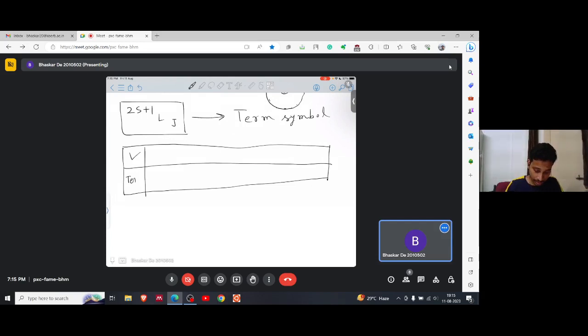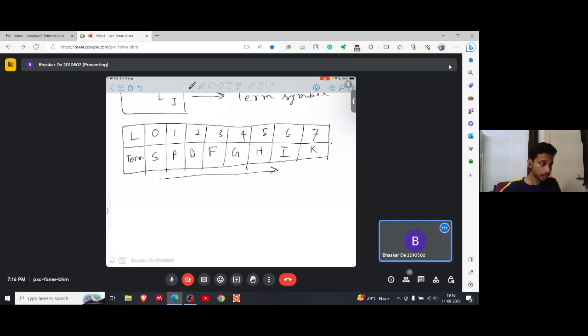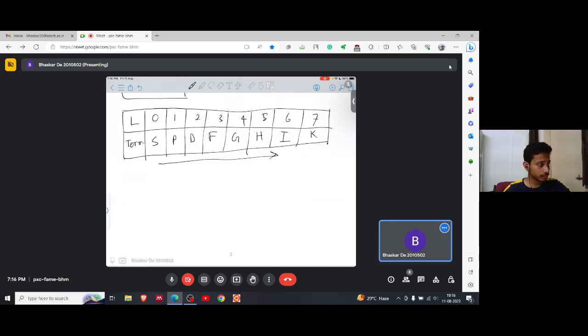For L equal to 0, the term will be S. For L equal to 1, the term will be P. Then 2, 3, 4, 5, and so on, so it will be S, P, D, F, G, H, I, K. So these are the names.